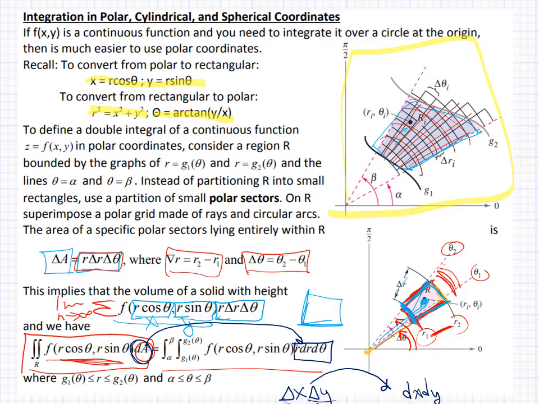The change in x, change in y, interval on the x-axis, interval on the y-axis. Okay? Dx, dy. So here, if we have r delta r delta theta, the delta r and the delta theta should be dr and d theta, but we have this extra r. So there's this extra function here in the differential that comes into play when we switch to polar coordinates.